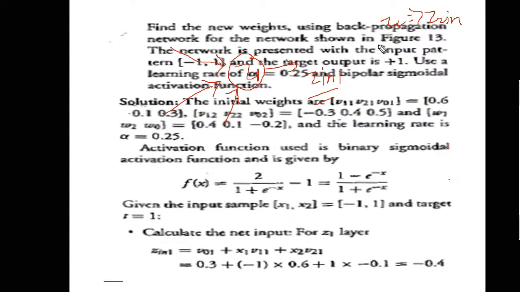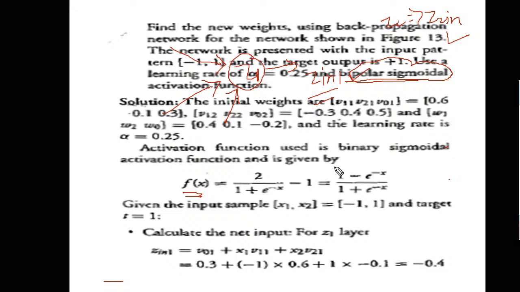So the first job is to calculate z in 1 and z in 2. Once we calculate these, we substitute them inside the activation function. Here the activation function they have given is the bipolar sigmoidal function. It is represented by f of x equal to 2 upon 1 plus e raised to minus x, minus 1.